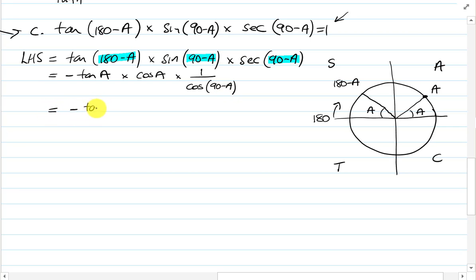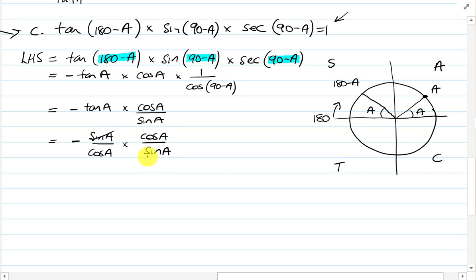Negative tan of A times by cos of A over, and cos of 90 minus A is sine of A. So I've just brought that fraction together, the second term and the fraction at the end. I can't combine anything there, but I can write tan of A as sine of A over cos of A times cos of A over sine of A.